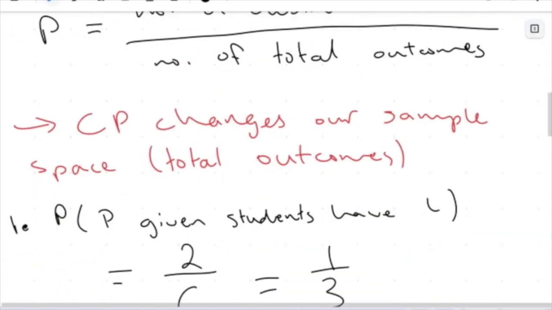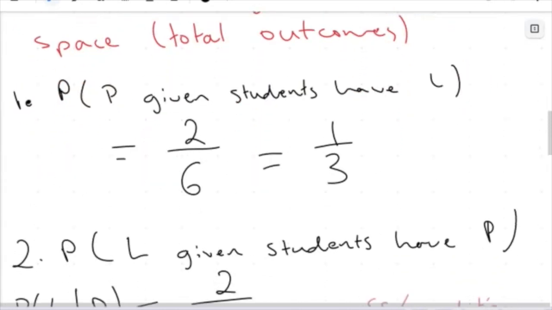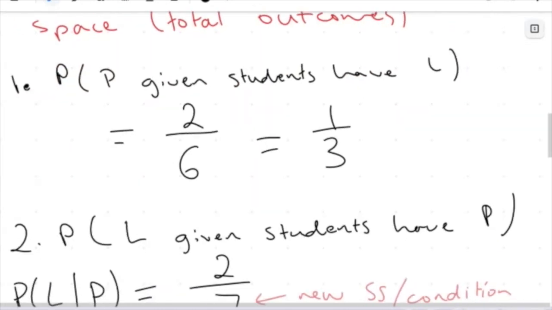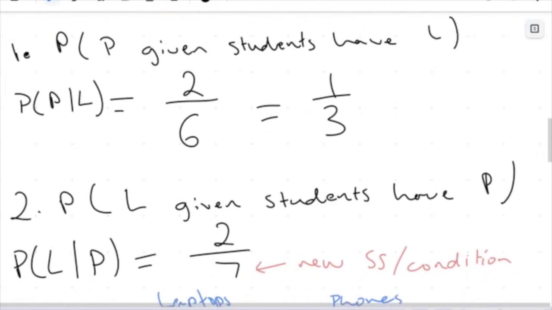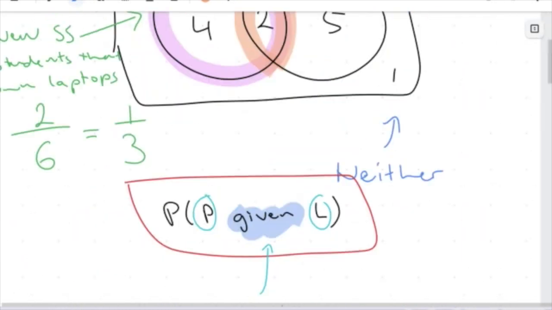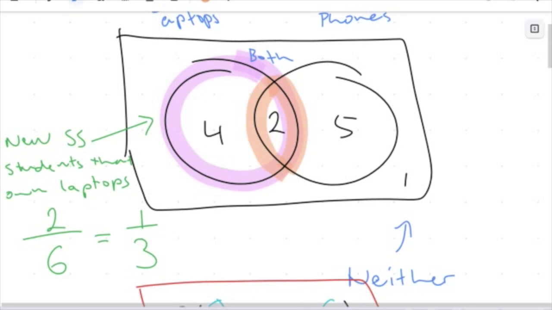And similarly up here, the probability of phones given that the students have a laptop is going to be the probability of a phone given they have a laptop. So the order here matters. And this second part here is our condition. That is our new sample space. That is the circle we drew, this pink circle we drew around my new sample space.